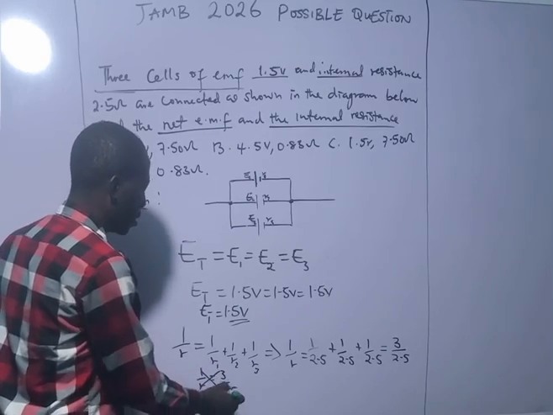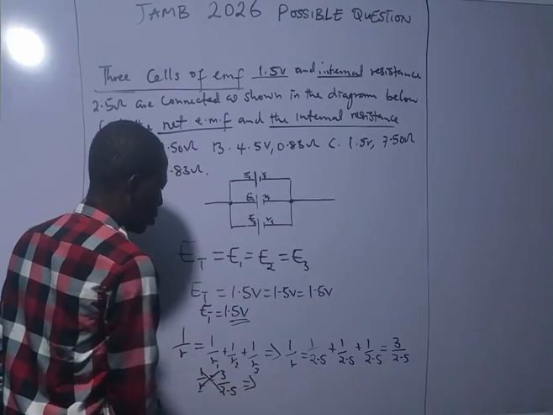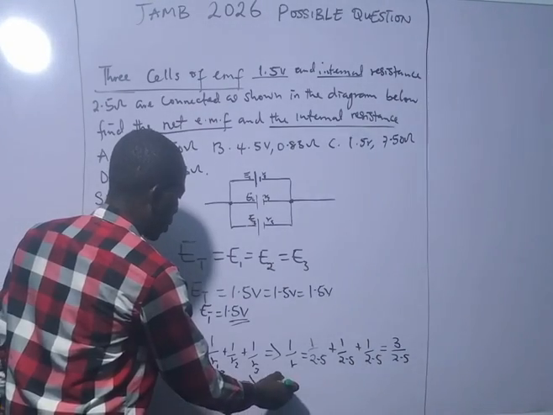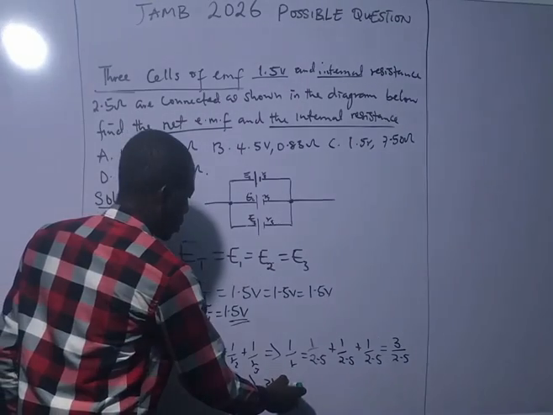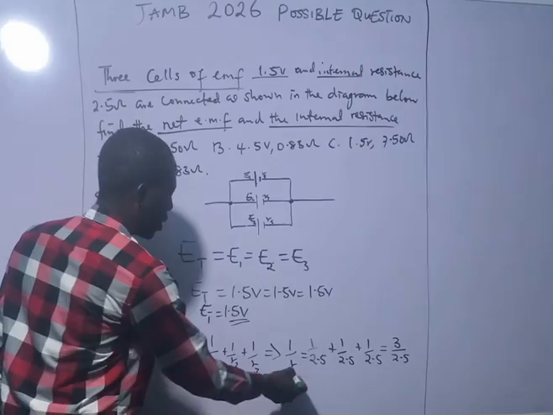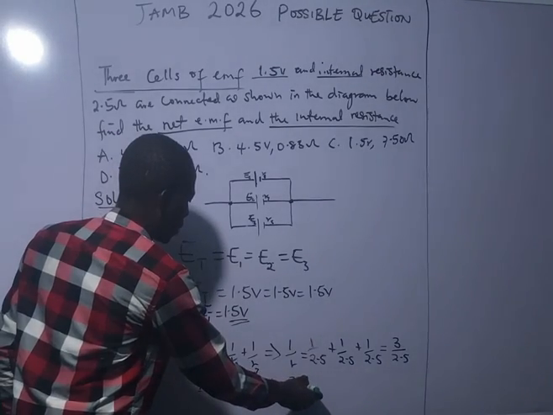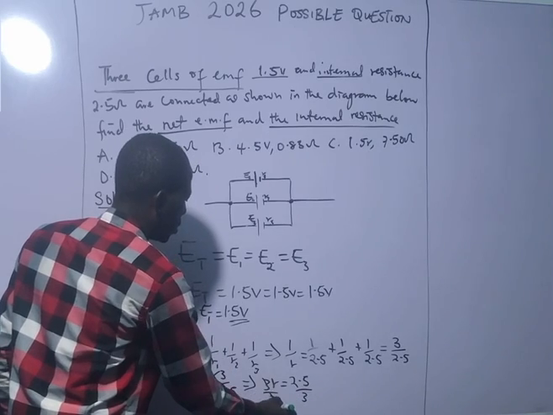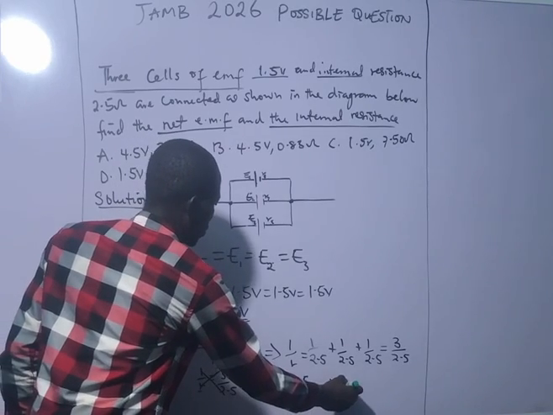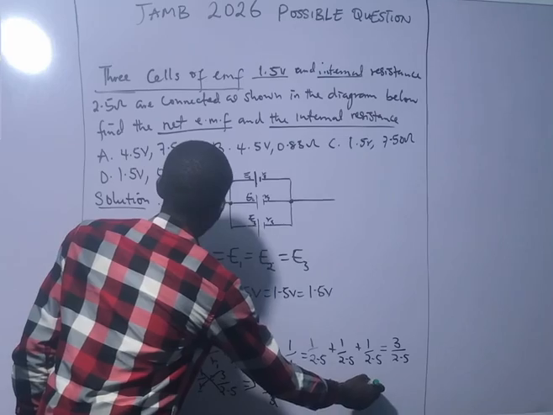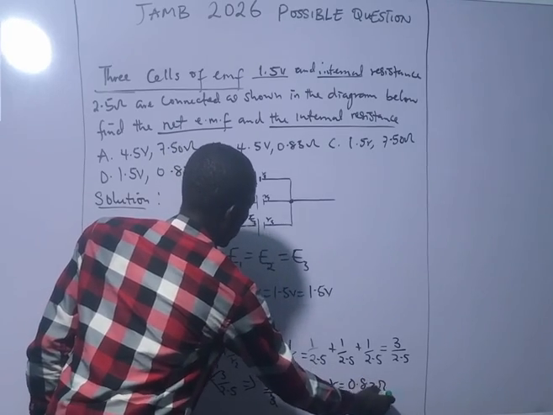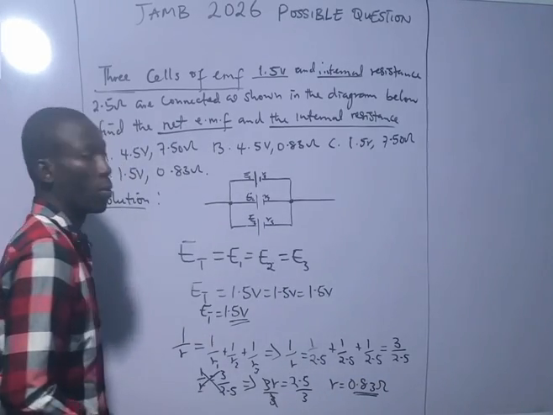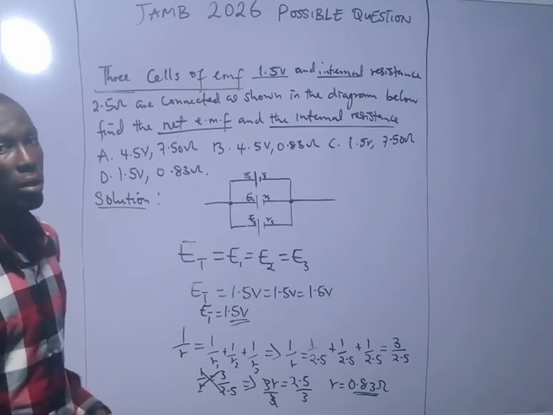So cross multiplying, we have 3 times r, which is 3r, equal to 1 times 2.5, which is 2.5, and then divide by 3. That gives us r as 0.83 ohm. So this is the answer for the internal resistance.